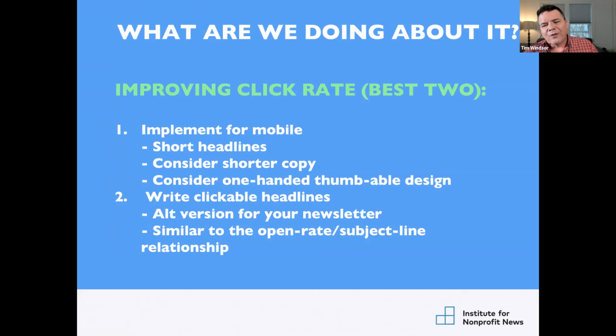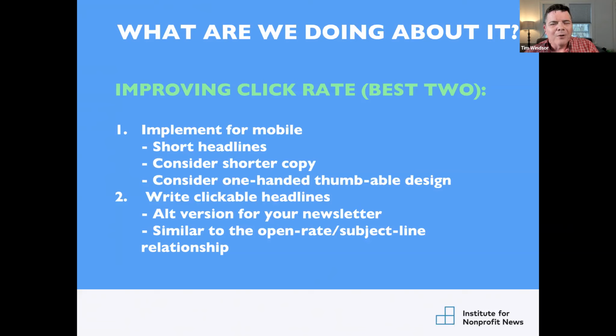So the open rate subject line, you've got to have a subject line that tells you the story so that you'll open it. As you're scrolling through the newsletter, you have to see headlines that will tell you what you're about to get. So really the message here is keep it tight. Don't overwhelm people with the amount of copy.